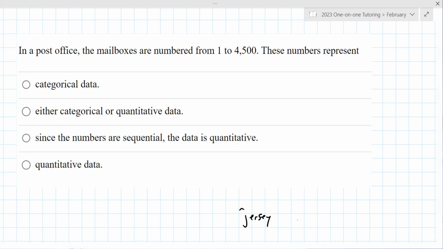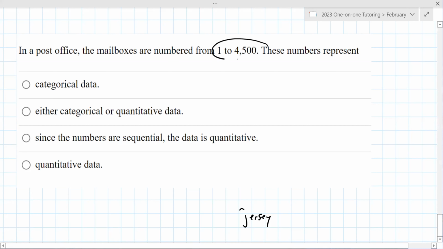Would you agree with that? Yes. Okay, but if you're putting mailboxes, the number matters to identify the box, but does it go beyond that? Is there any reason that one is ahead of another? And that's the question we're trying to answer here.